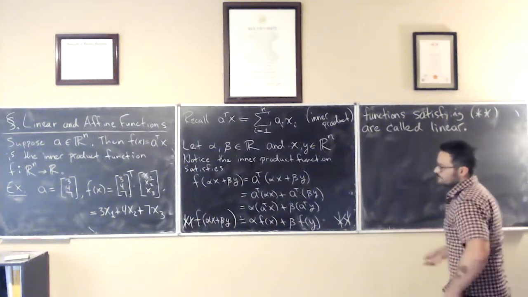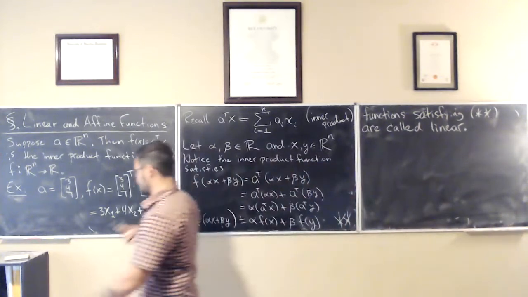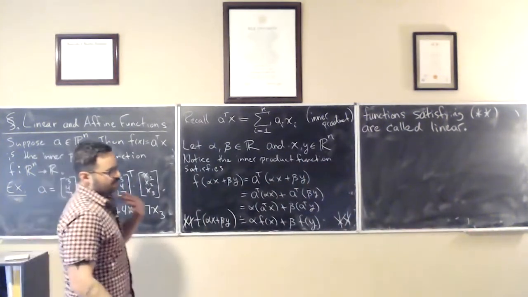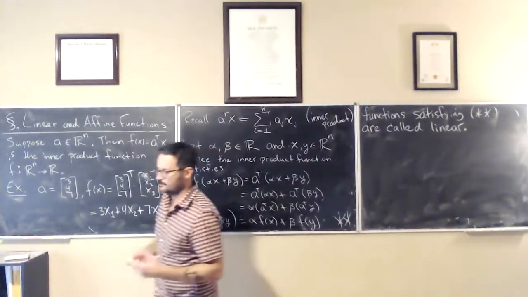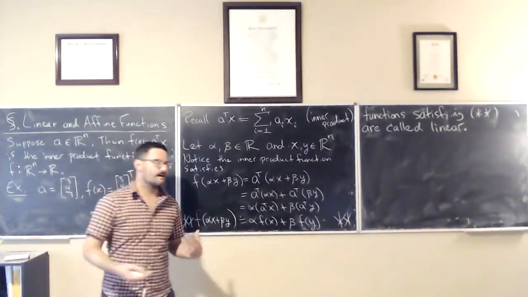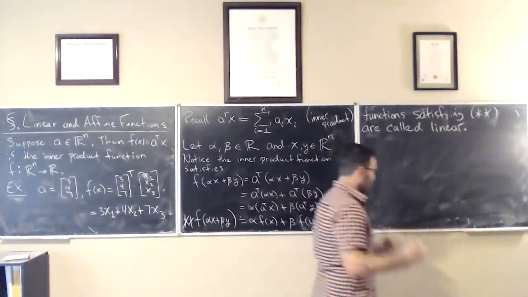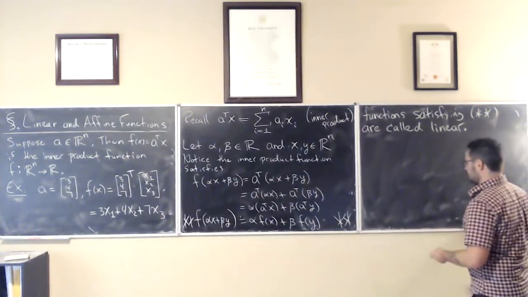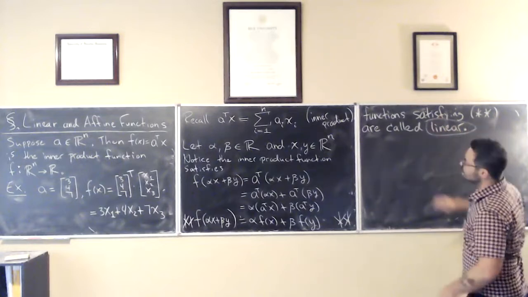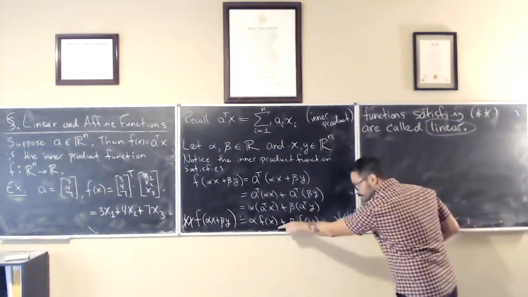Now, in the back of your mind, possibly, you think back to functions of one variable, and you think of linear functions as lines, but formally, a function is linear only when it satisfies this.